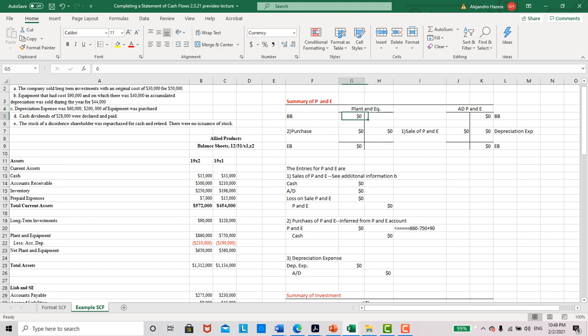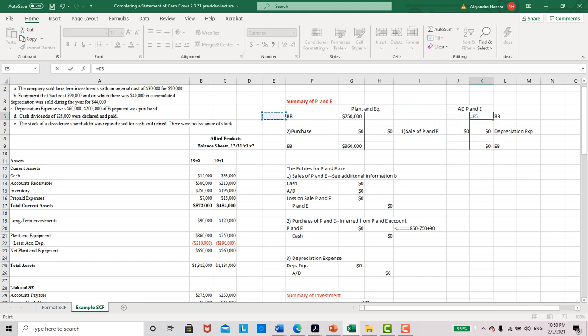I'm going to enter the beginning balance for plant and equipment. The beginning balance for plant and equipment is $750. The ending balance for plant and equipment is $860.